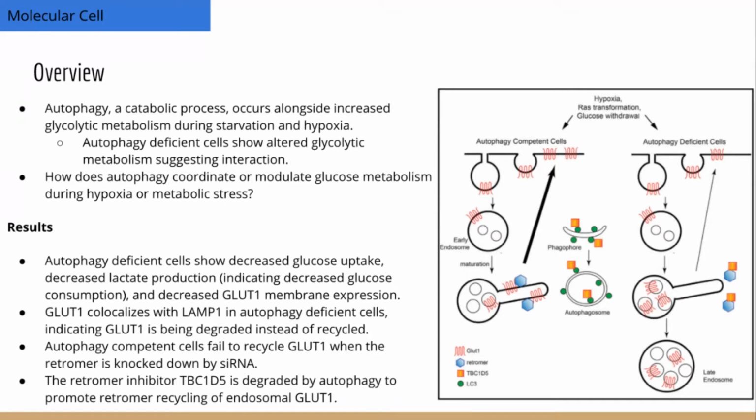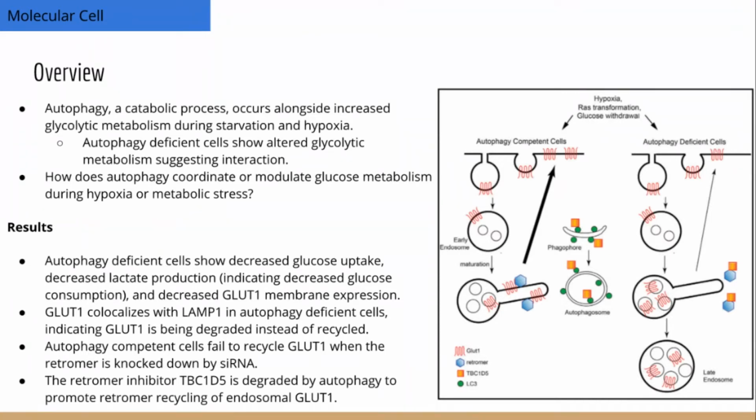But the researchers of this current paper don't buy that explanation. They think there's a deeper relationship and not simply modulating enzymes. So the current paper is designed to investigate other potential mechanisms of how autophagy coordinates or modulates glucose metabolism during hypoxia or during metabolic stress.